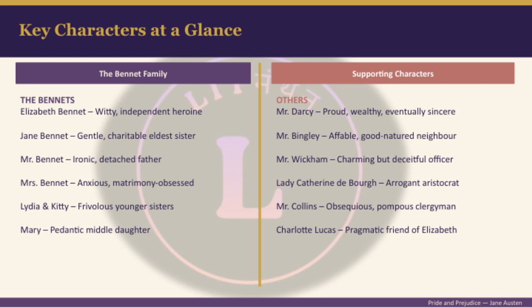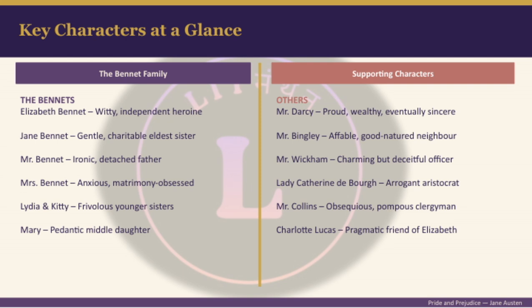Turning to the Bennet family, Elizabeth Bennet is our witty and independent heroine, sharp and confident in her own views. Jane Bennet, her elder sister, is gentle and charitable, often serving as a calming presence. Mr. Bennet, their father, is known for his irony and detachment, sometimes making him seem distant.